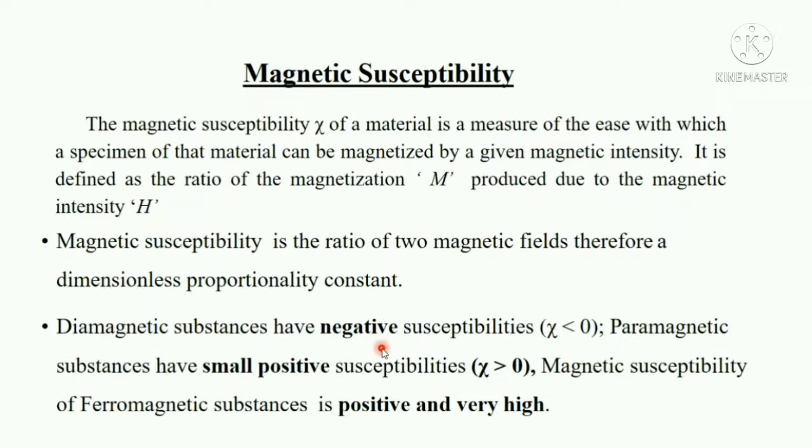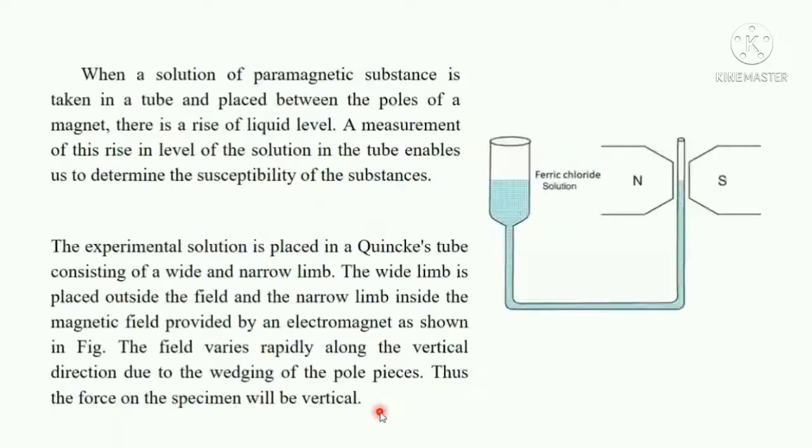Diamagnetic substances have negative susceptibilities and paramagnetic substances have small positive susceptibility, and the magnetic susceptibility of ferromagnetic substances is positive and very high, of the order of 10,000.